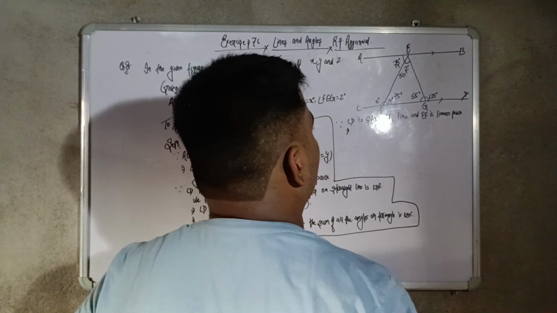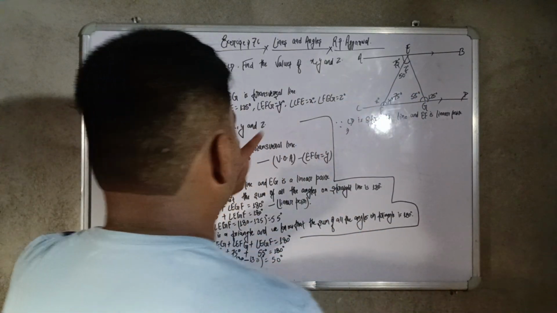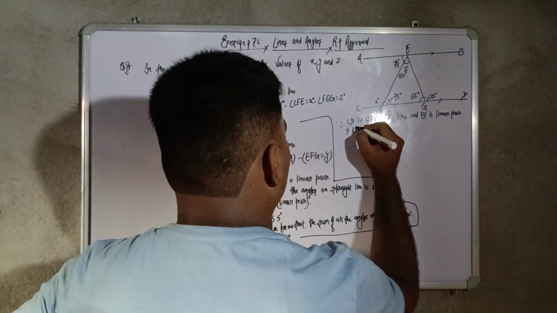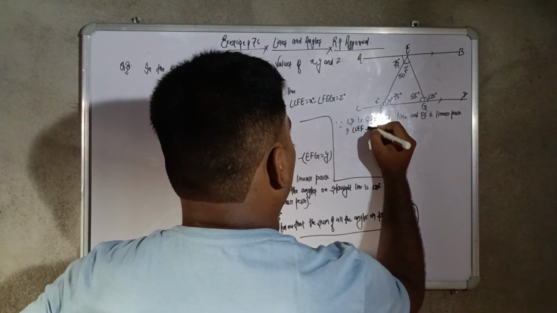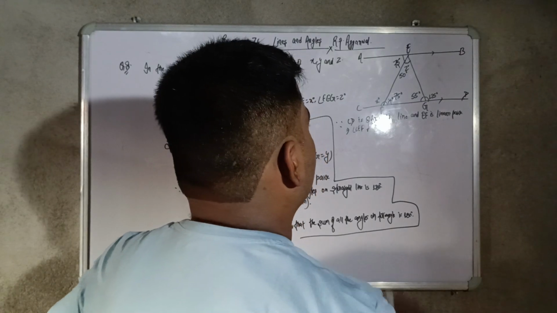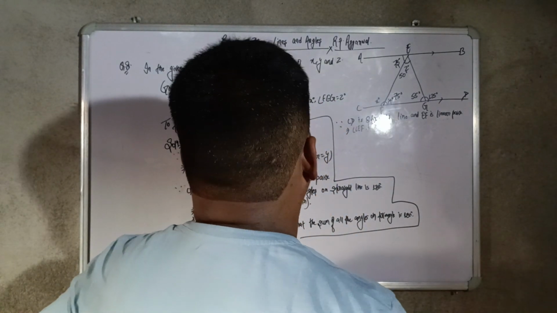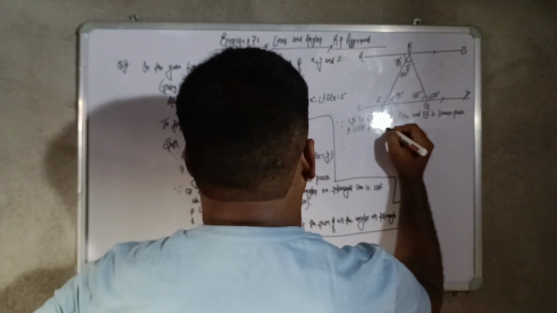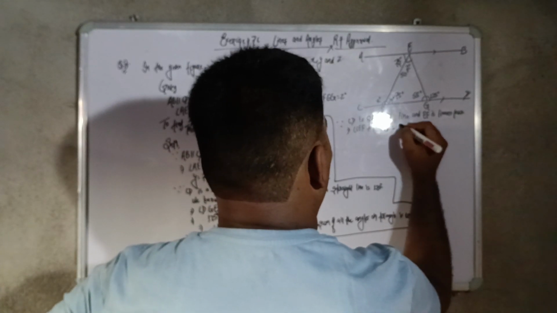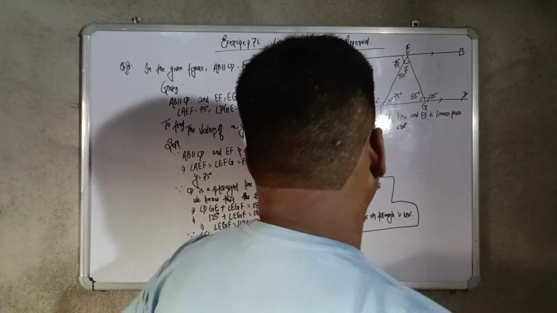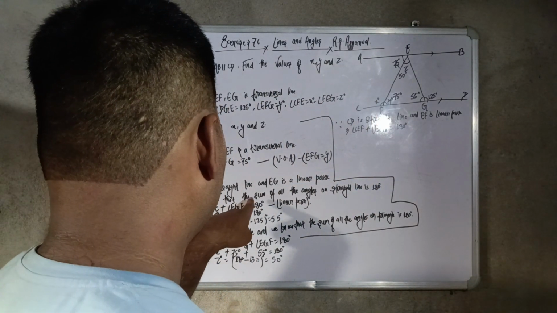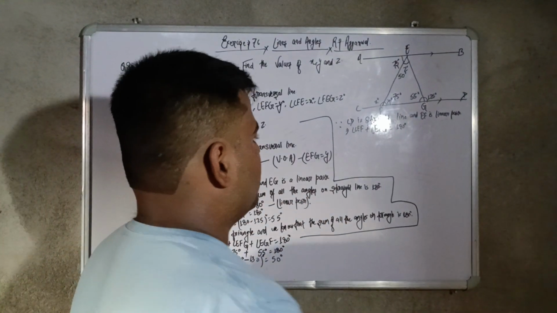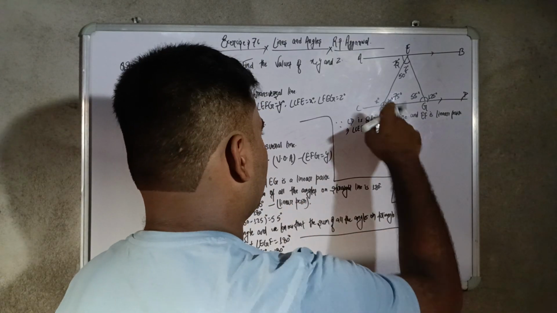So we write angle x, which is angle CEF, plus angle EFG, which is y, equals 180 degrees, because we know that the sum of all the angles on a straight line is 180 degrees. That was written here, so we use that statement.